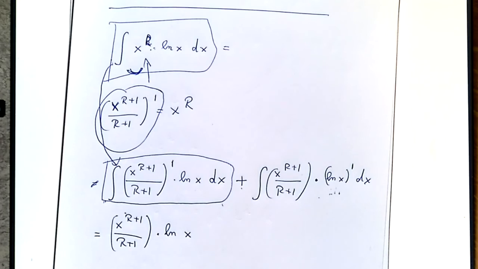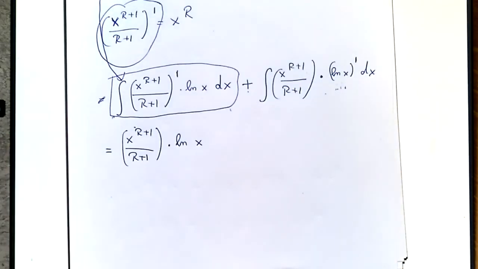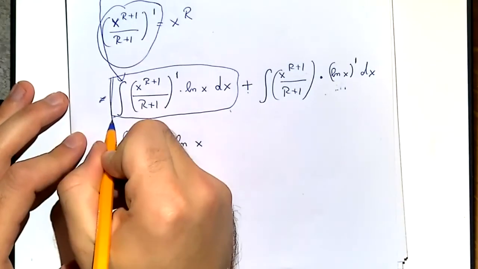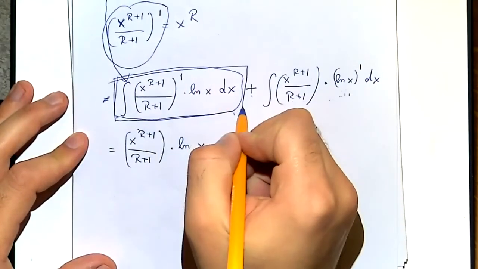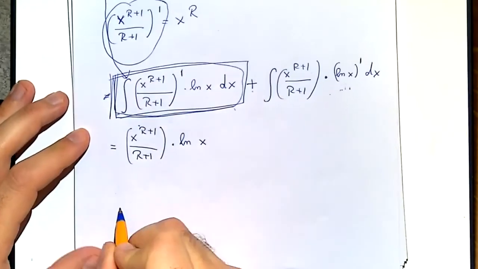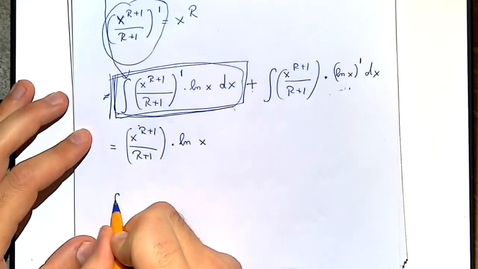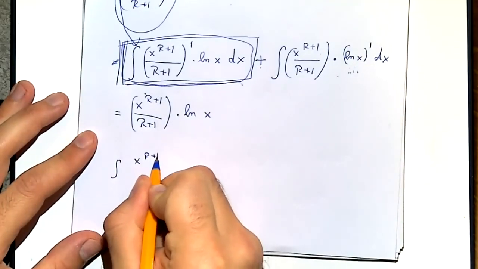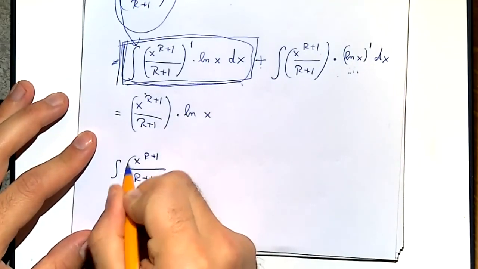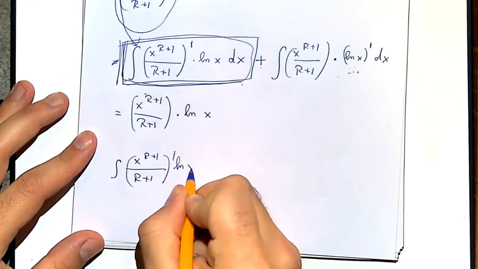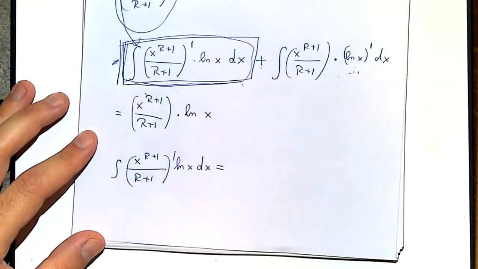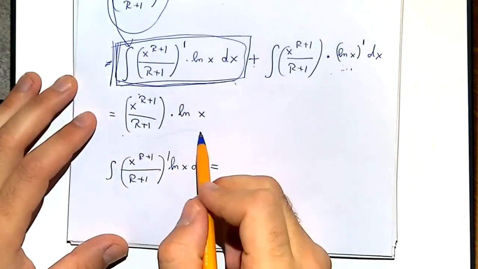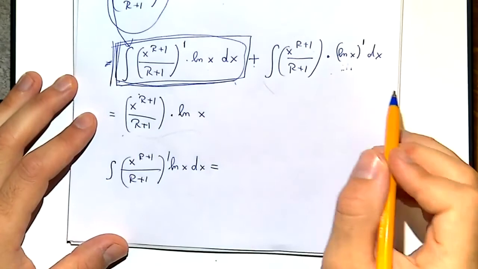So what do I do now? Remember, this is what I need to compute. This, again, I just copy. This is just equal to this thing minus this ugly thing right here.